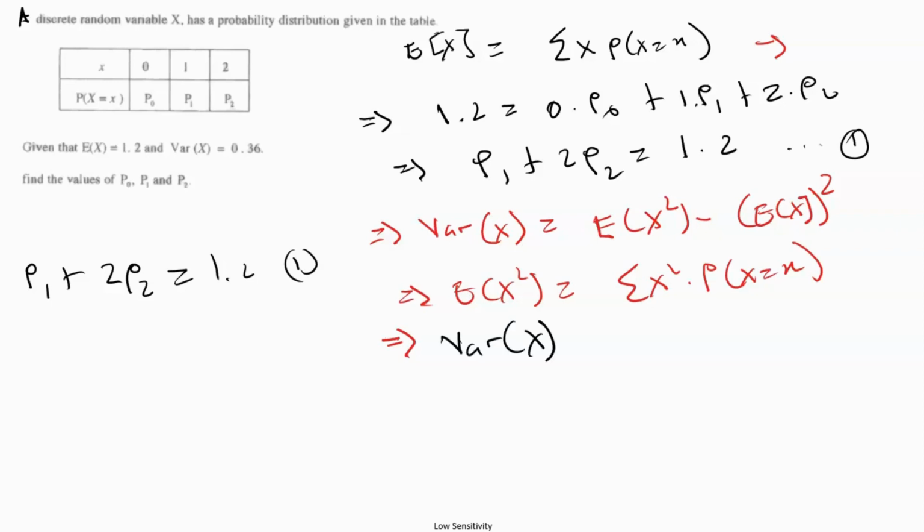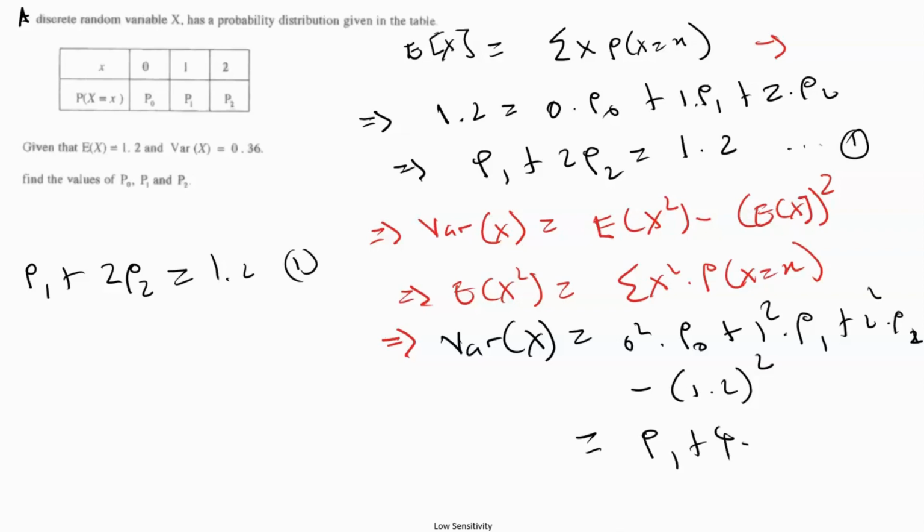Here the variance of x is equal to 0 squared times P0 plus 1 squared times P1 plus 2 squared times P2, minus the expectation of x squared, which is 1.2 squared. So the variance of x can be written as P1 plus 4P2 minus 1.2 squared, which is equal to 0.36.